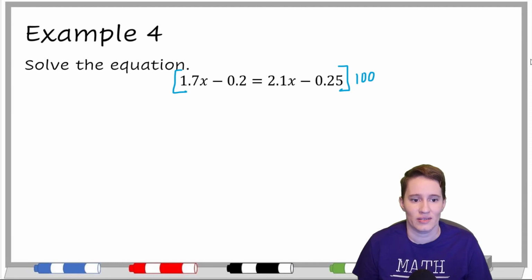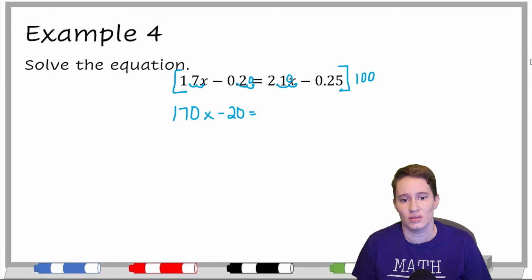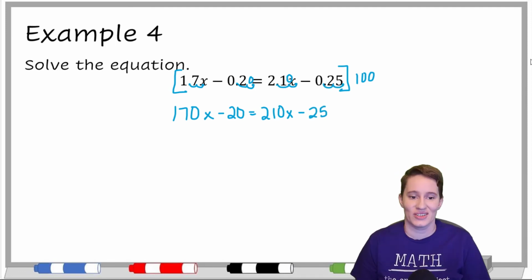So for this 1.7, we're going to move the decimal over to the right twice. So 1, 2, we need to put a 0. So this is 170. And then 1, 2, this is going to be 20 minus 20. 1, 2, and get 210x. And then this one and this one, minus 25. So now we're ready to solve.